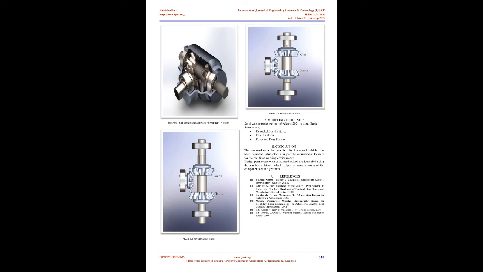5. Basic dynamic load ratings. C equals W L^(1/k) equals 2530.51 *1170 *10^6^(1/3). C equals 26.664 kN. C equals 26.6 kN. For C equals 26 kN, C0 equals 17.6 kN. D equals 25 mm, D equals 62, B equals 17 mm.